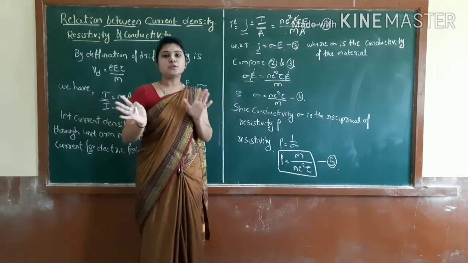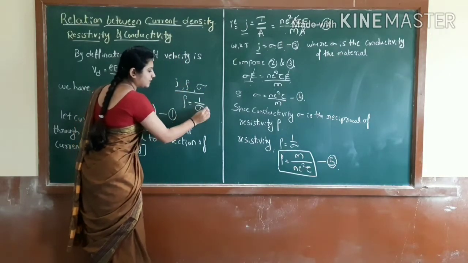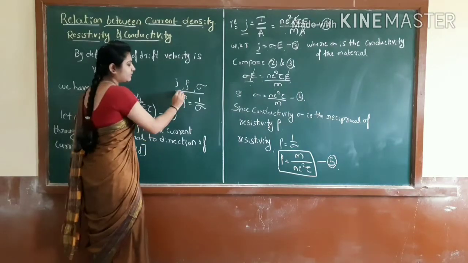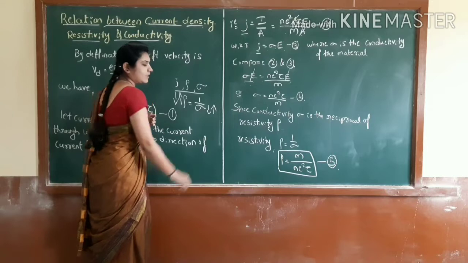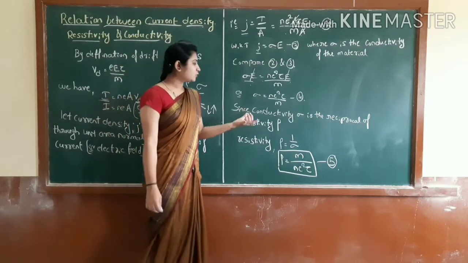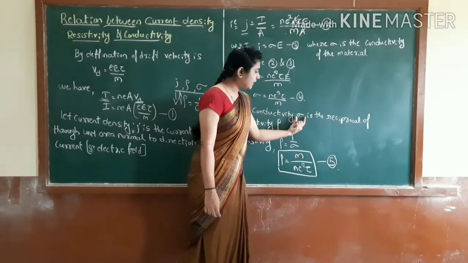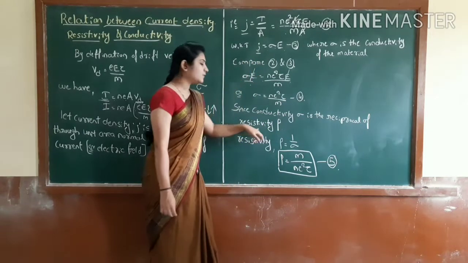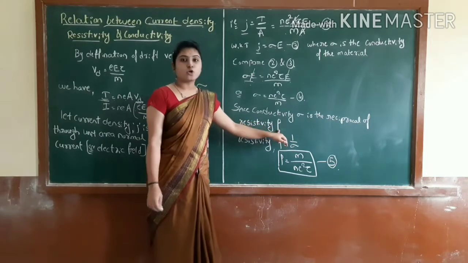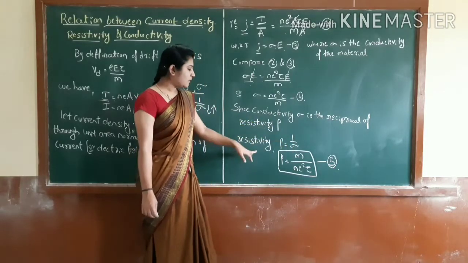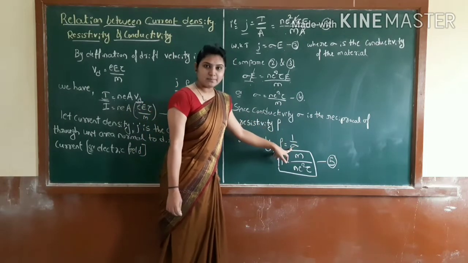They are opposite. That is rho is equal to 1 by sigma. So since conductivity sigma is the reciprocal of the resistivity rho, I can write resistivity rho is equal to 1 divided by sigma.